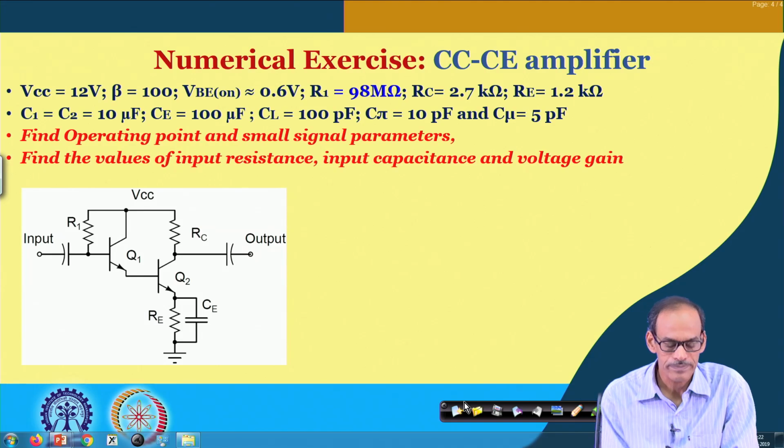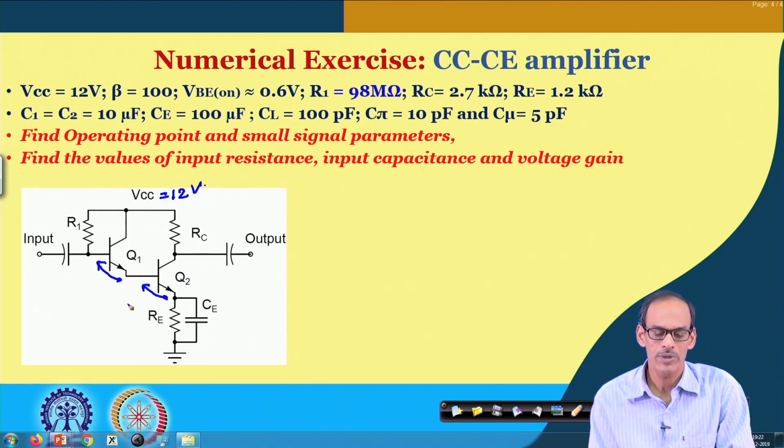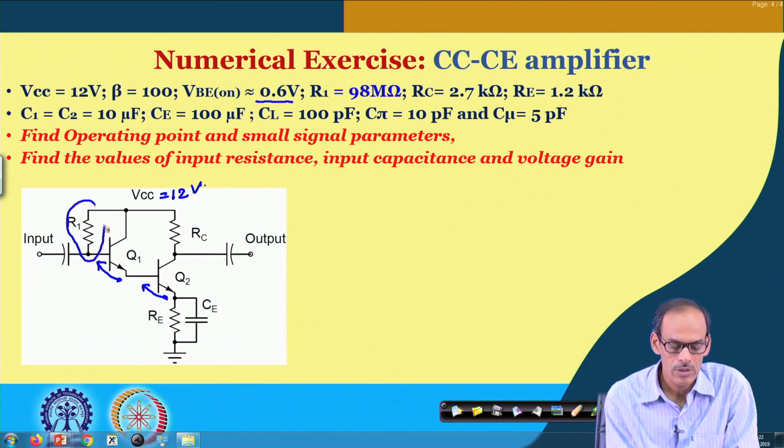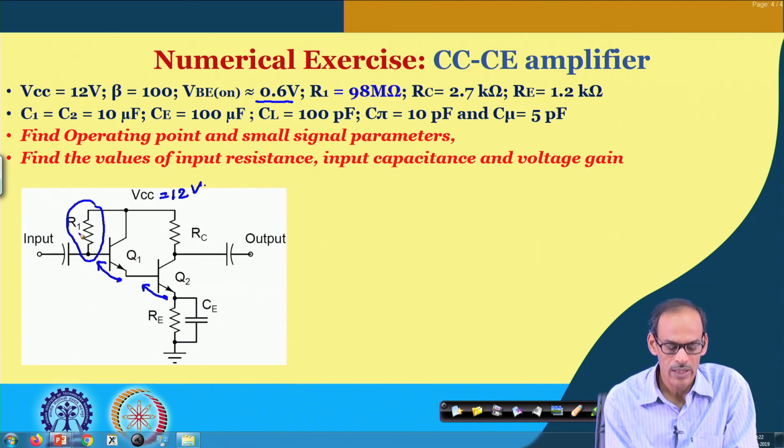If I start from 12 volt here, and then we have 2 VBE drops, which I assume are approximately equal to 1.2 volt, then the remaining drop, namely 10.8 volt, is across RE and R1.